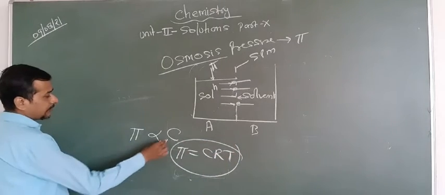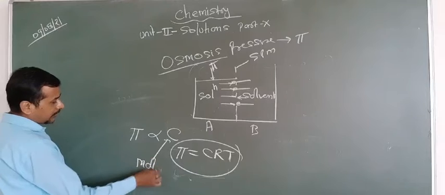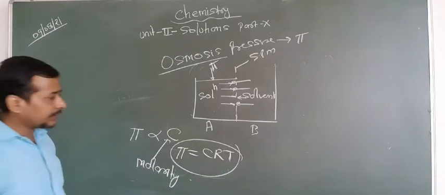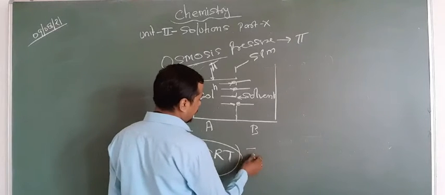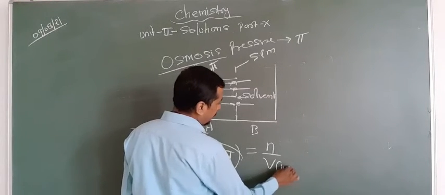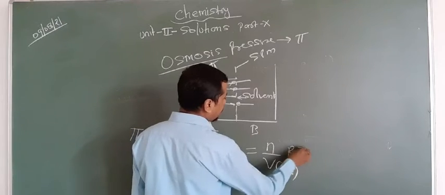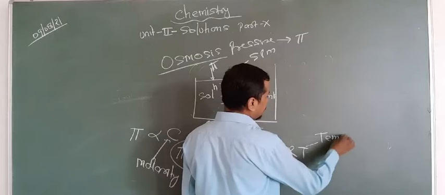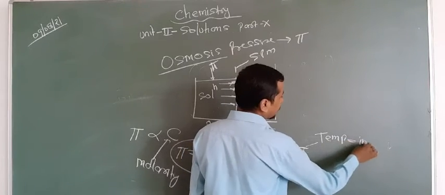Here C denotes what? Molarity, that is number of moles divided by volume of solution in liters. So we can write this formula as pi equal to n by V in liters, times RT. Here T is temperature in Kelvin.